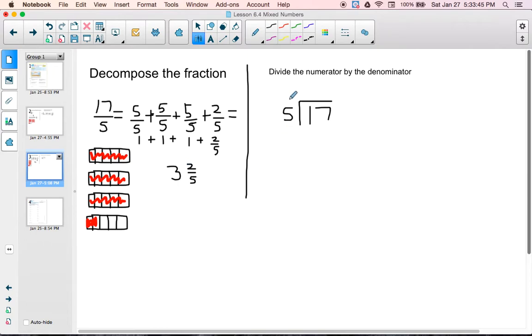But you can also change 17/5 into a mixed number by dividing the numerator, 17, by the denominator, 5. 5 will go into 17 3 times. 3 times 5 is 15.